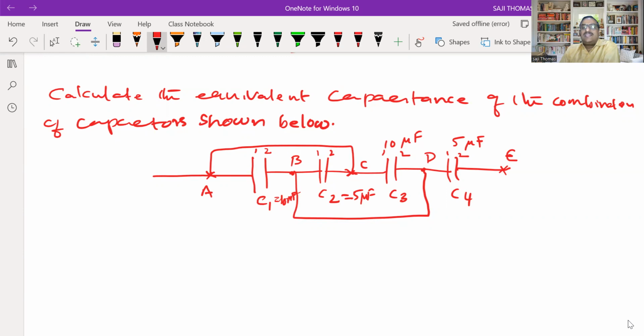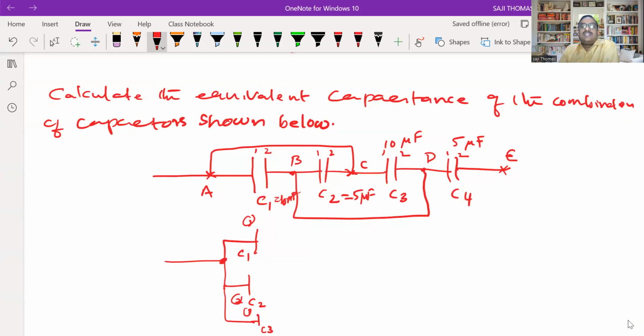So I am redrawing here point A. First plate of C1 is connected, second plate of C2 is connected, and first plate of C3 is also connected at the point A.